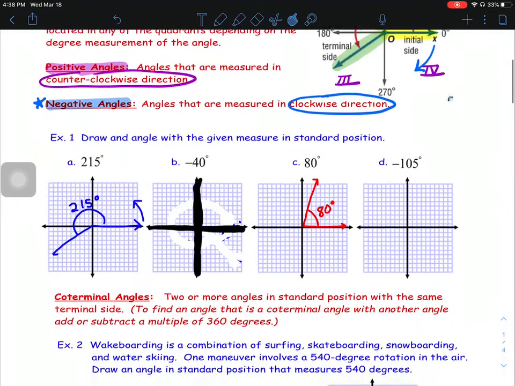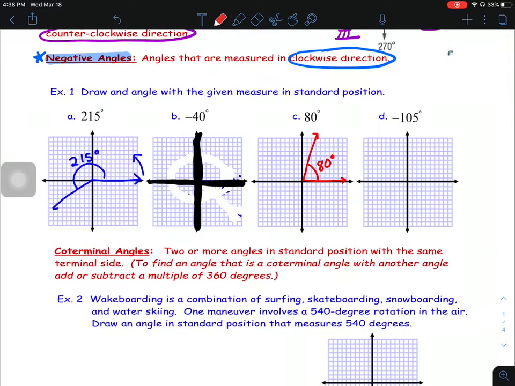So let's look at an example that's asking us to draw an angle with the given measure, in standard position. What's implied is that when we draw this, we're going to start with the initial ray right over top of the x-axis. I'm going to look at example B to start. The angle they give us is negative 40 degrees.